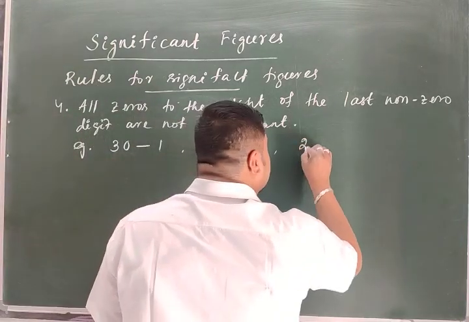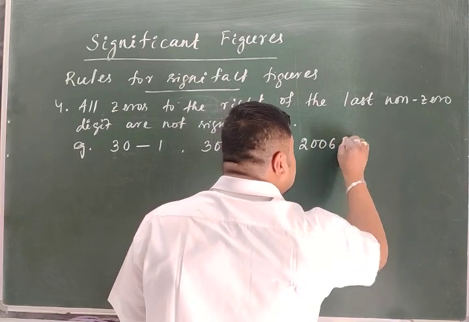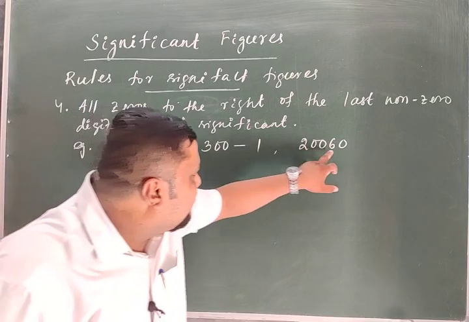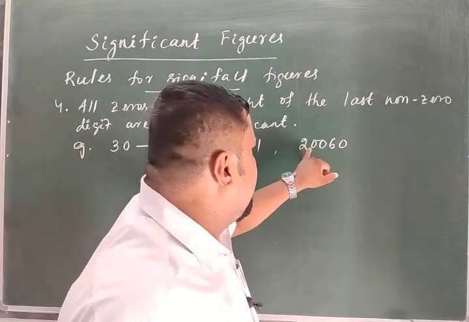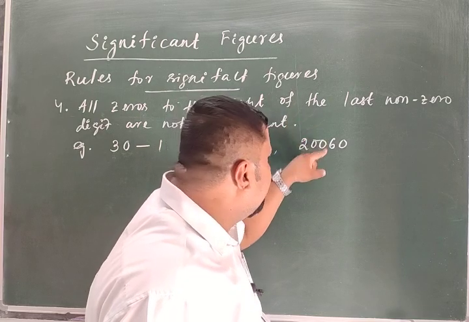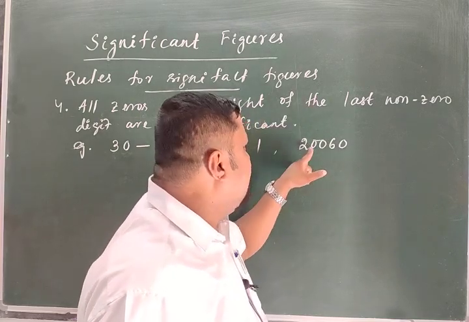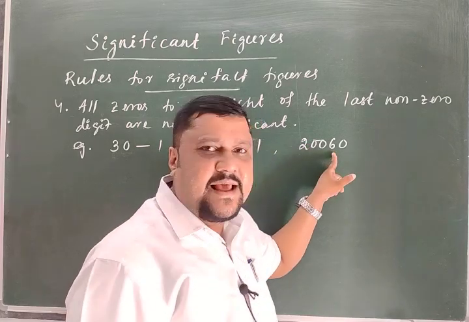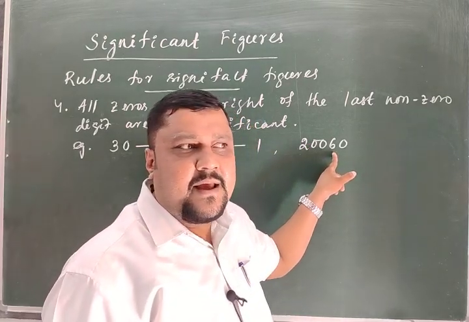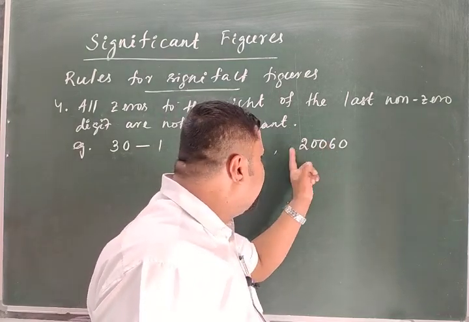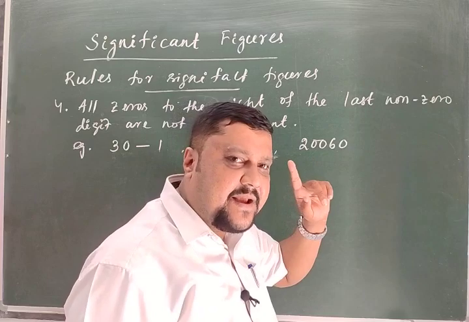Suppose in a measurement there is 20060. What is the significant figure? Here, remember, you will use not this rule only, you will use the previous rule also. The zeros coming in between two non-zero digits are significant according to rule number 2.